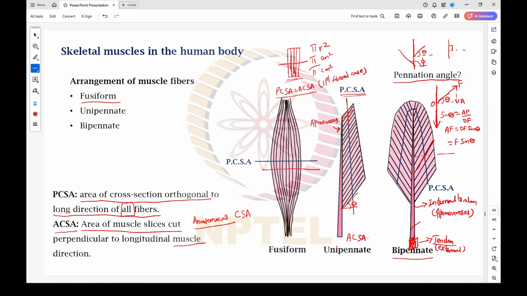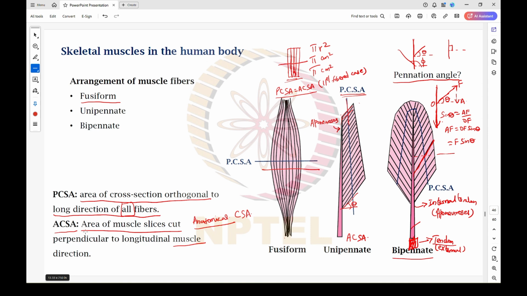If you were to lay them straight, there are two terms that you need to be aware of: the physiological cross-sectional area and the anatomical cross-sectional area.